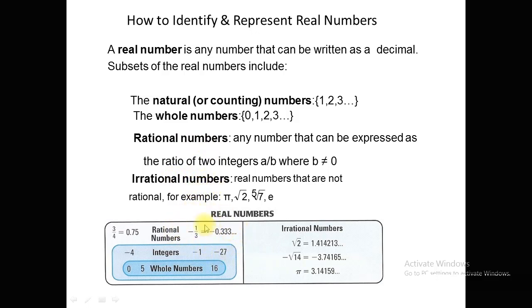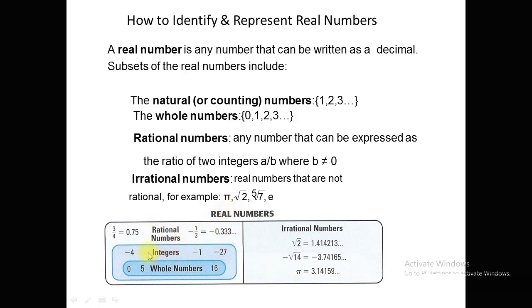Since I have told you that the union of rational and irrational numbers is equal to the set of real numbers, for example, these are rational numbers: 3 by 4 is equal to 0.75, and minus 1 over 3 is equal to minus 0.33 and so on. These rational numbers are also real numbers.